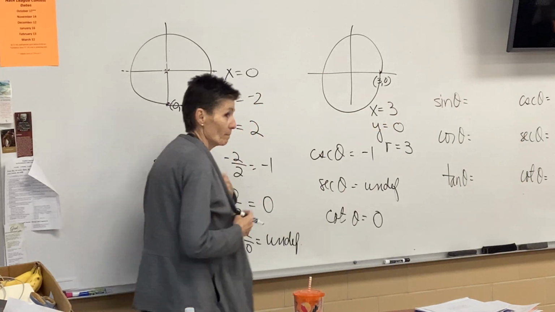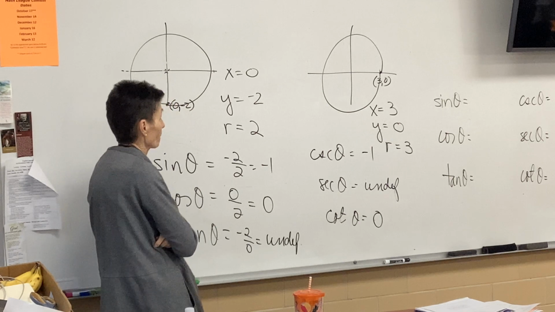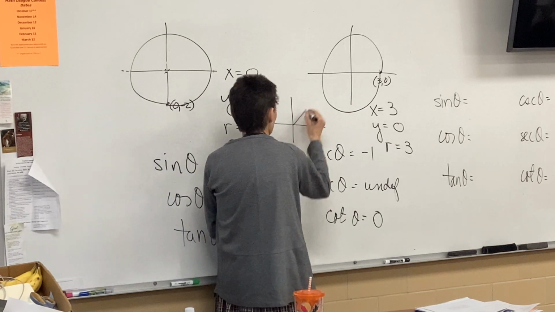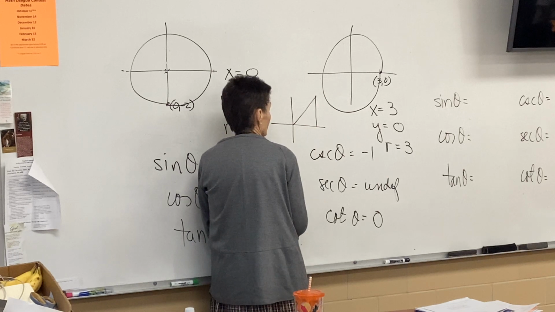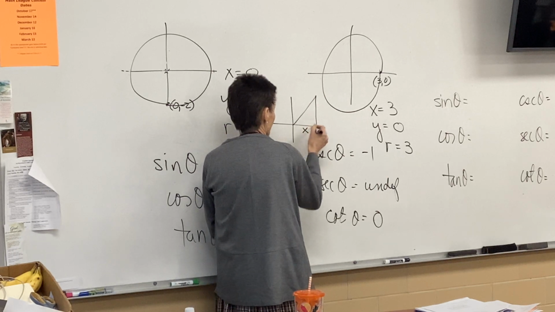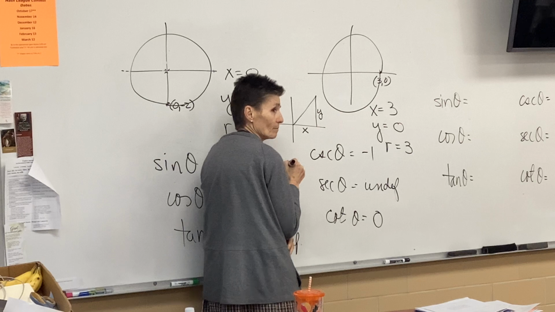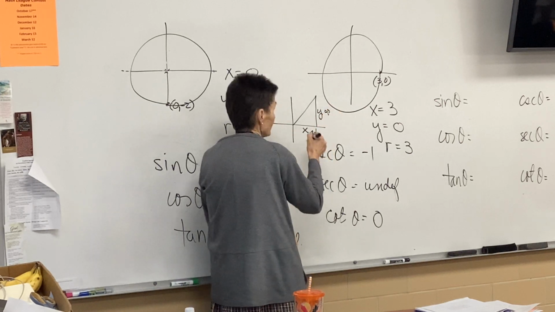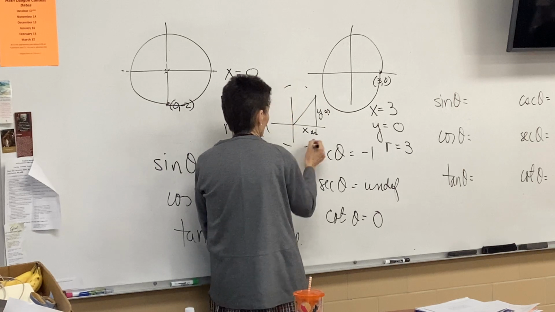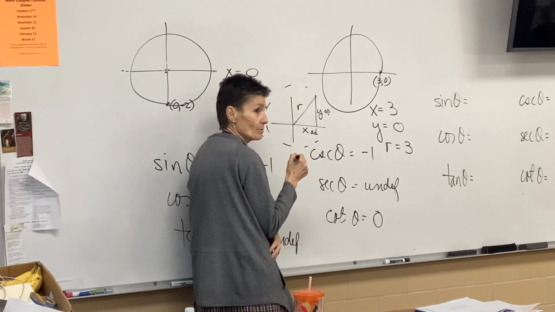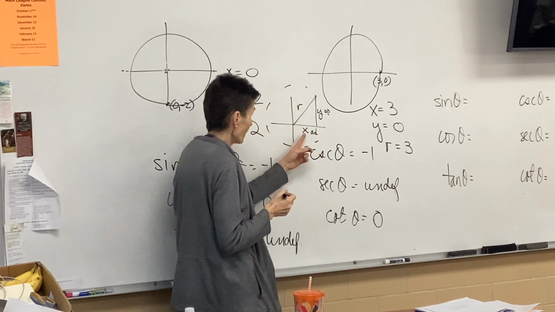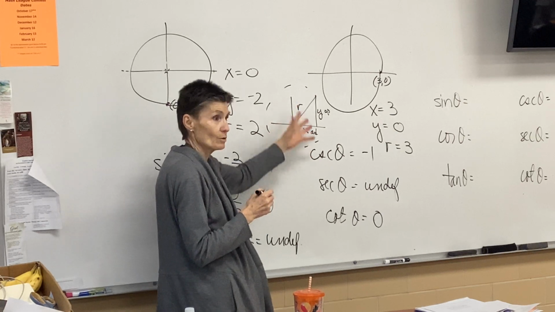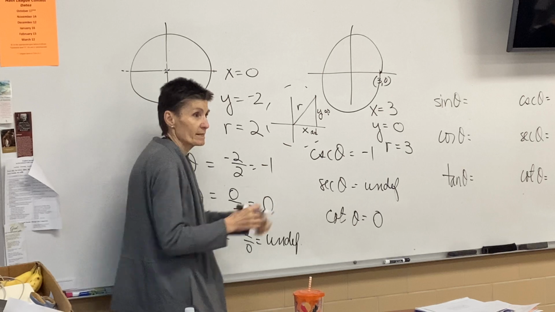No. You just gotta remember. If you think about your triangle, this is x and y. This is adjacent and opposite. This is r or hypotenuse. So x over r is cosine, adjacent over hypotenuse is cosine. So it kind of all ties together.